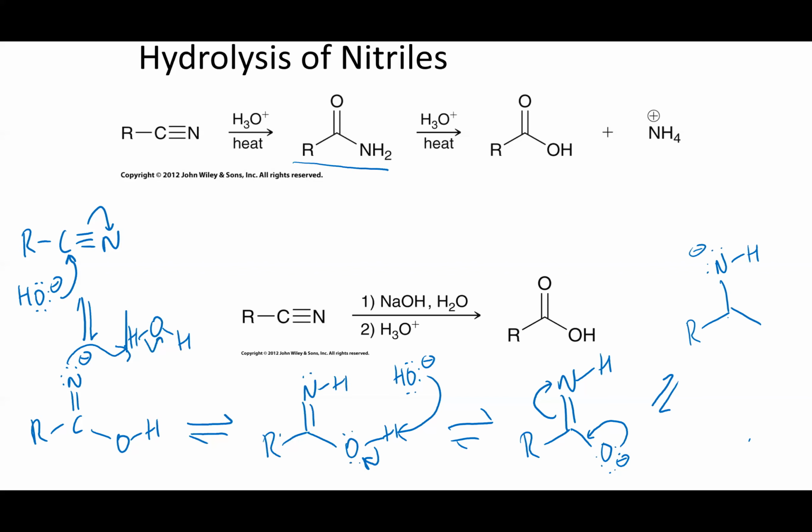Now this resonance structure has a negative charge on the nitrogen, and it can get a proton from water, which of course is our proton source under basic aqueous conditions, and we are left with the amide.